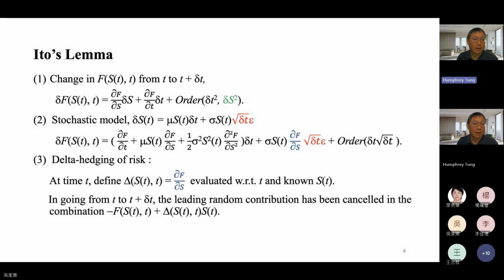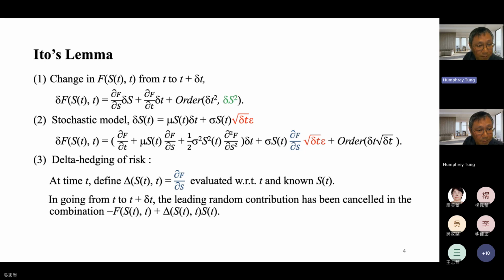But regular calculus does not give you the term in bullet 2. There's a term which refers to one half sigma squared S squared times the second derivative of the option function with respect to price. In regular calculus, you don't see this term.